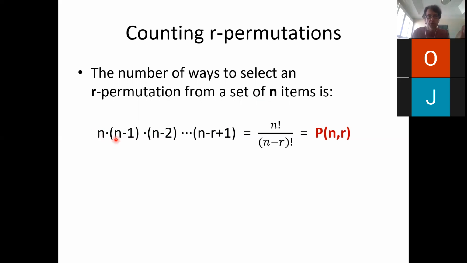It's chosen from the reduced set, effectively only n-1 elements. So the first time the tree of choices forks, it has n possibilities. After that choice is made, the next fork has n-1 possibilities, and after that n-2, and so forth.